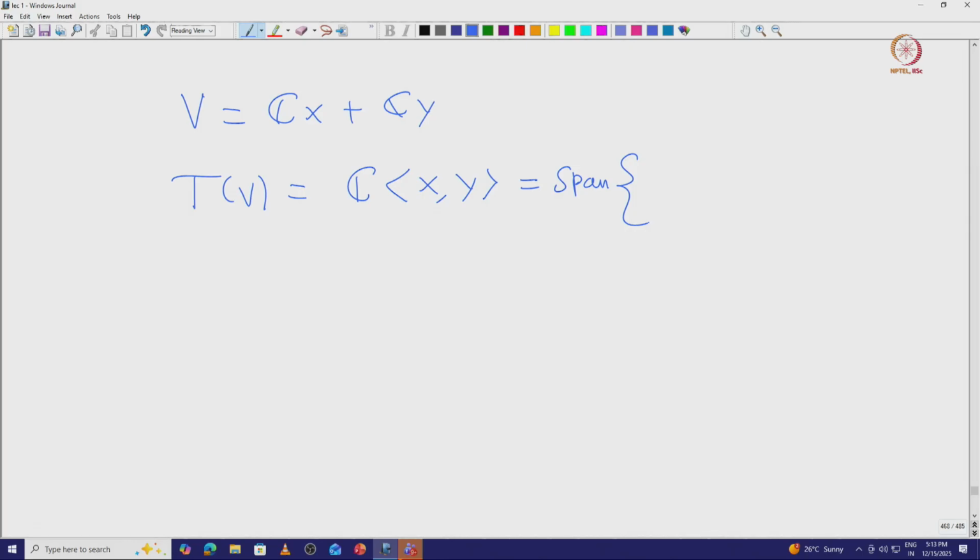Now we will be able to take any of these words that either start with x or start with y, and end with x or end with y.